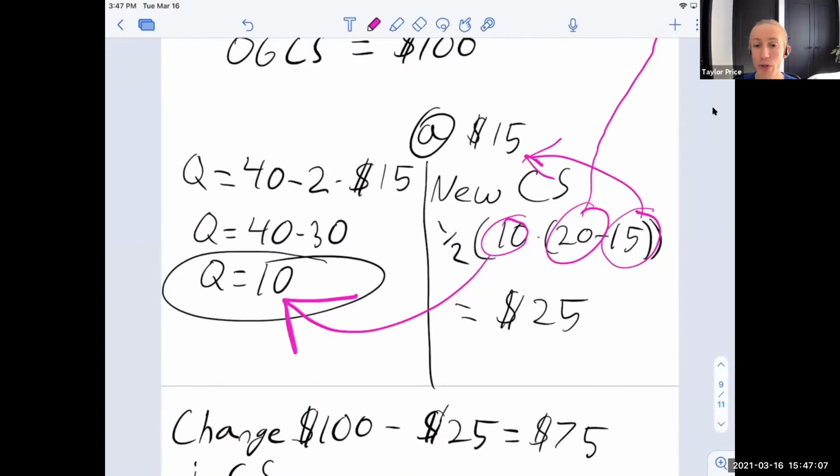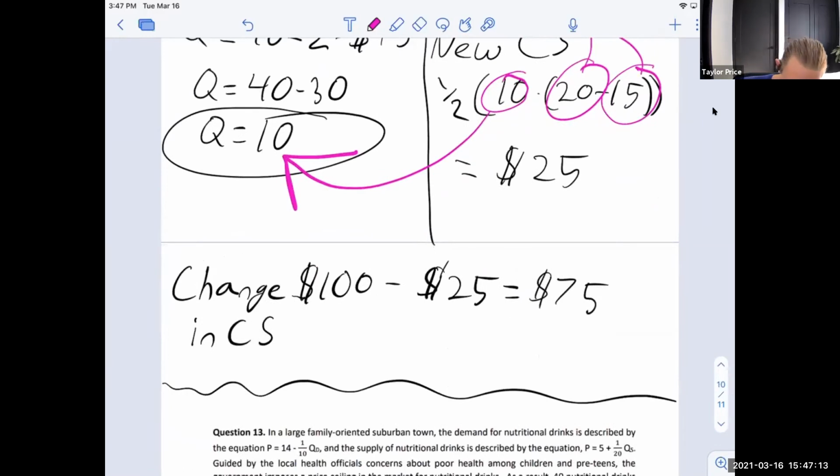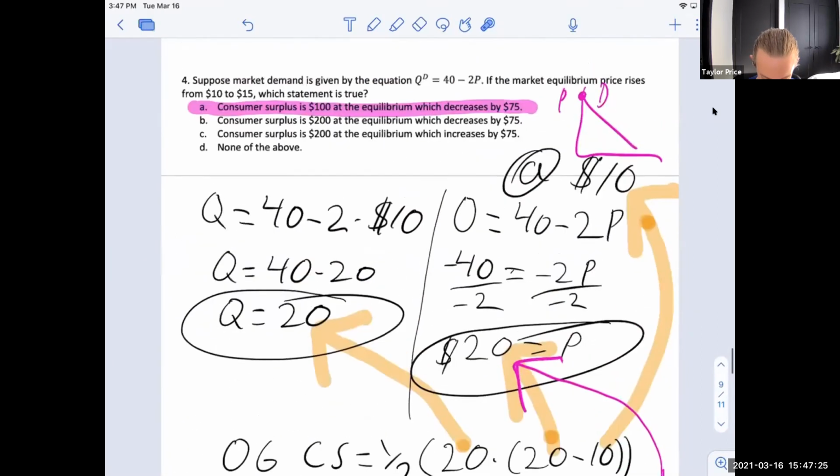So when we do that, we get a consumer surplus of 25. And so to get the change, basically all we need to do is just take 100 minus 25, and that's going to give us a $75 change in consumer surplus, which in this case is going to be A.